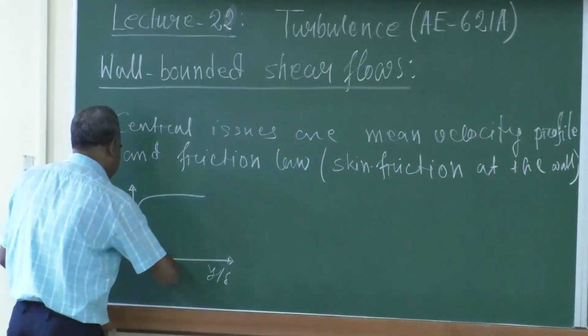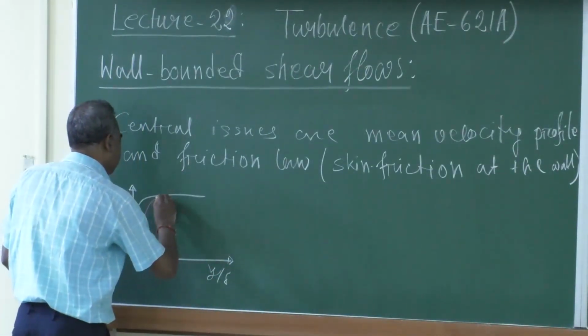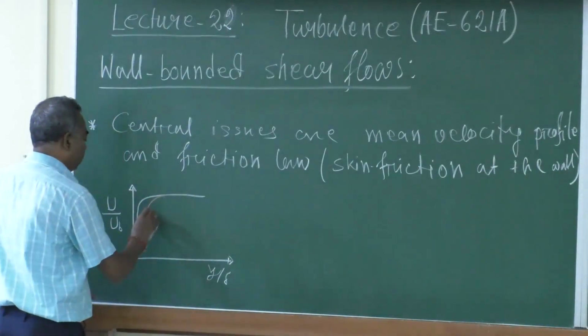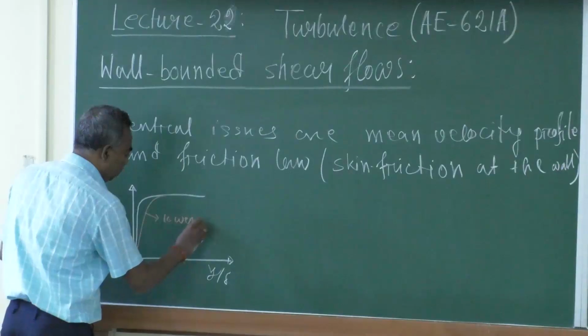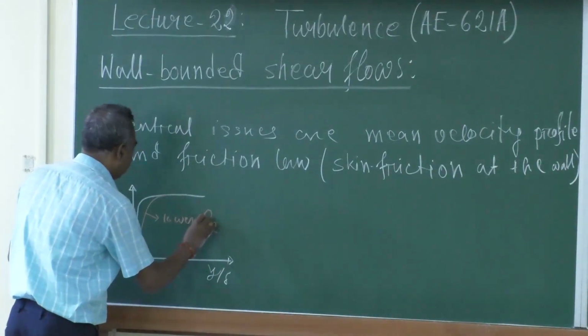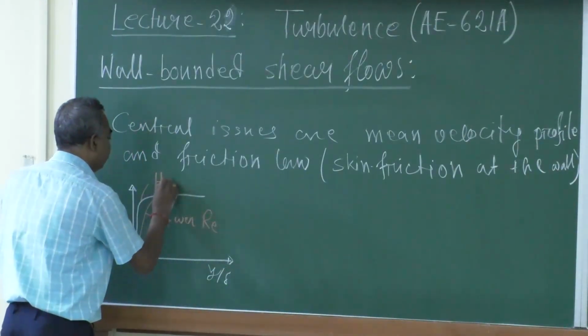This is for one Reynolds number, and this is for another Reynolds number. So, this is the lower Reynolds number case, and this one is the high Reynolds number case.